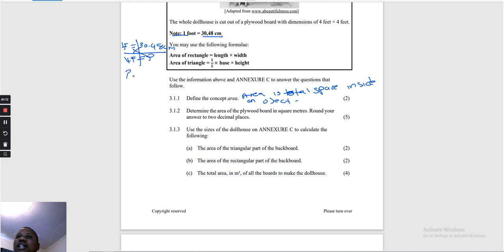So it means the 4 feet is equal to 30,48 multiplied by 4. That means the same as 121,92 centimeters.